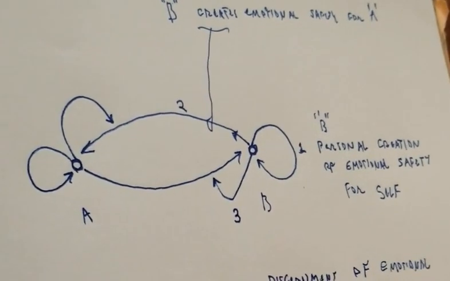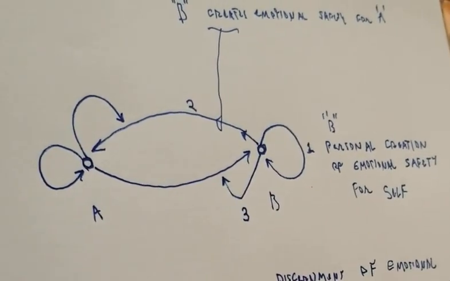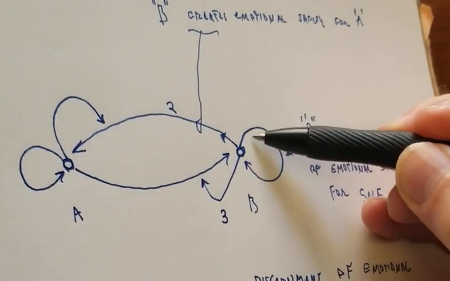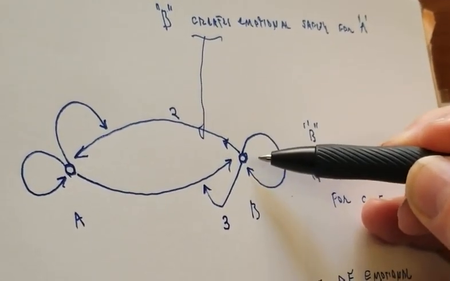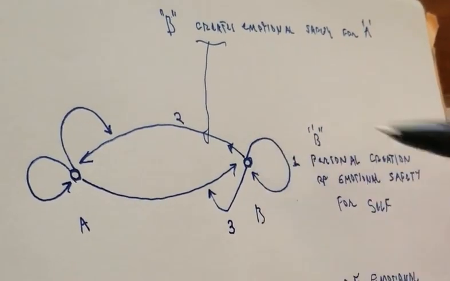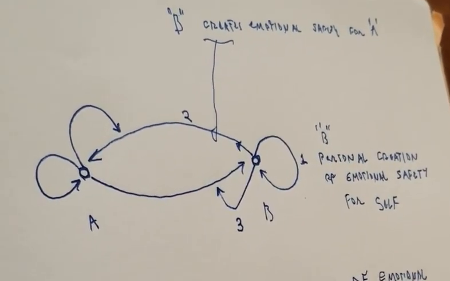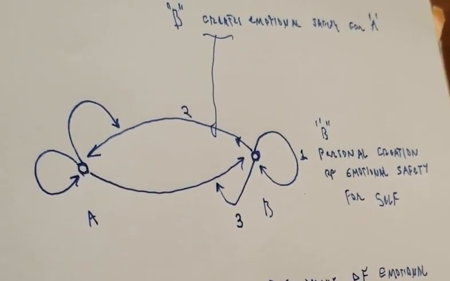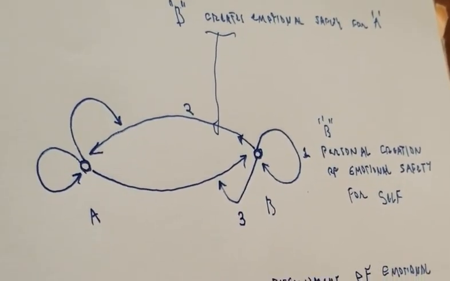And I don't want to draw it, but there's essentially a meta level, right? Which is, how does B observe its self-creation for its own safety? Is B self-aware enough to notice its capacity to create emotional safety for itself and therefore to self-heal?